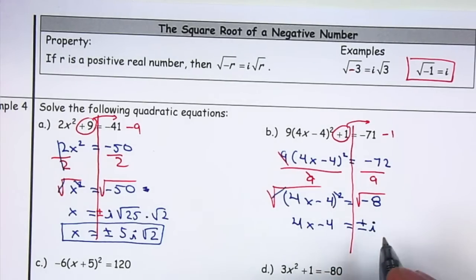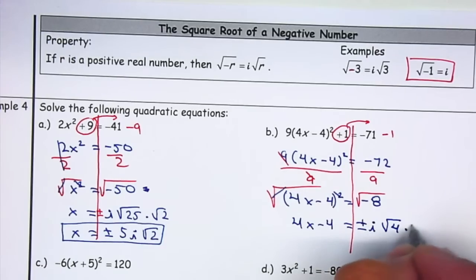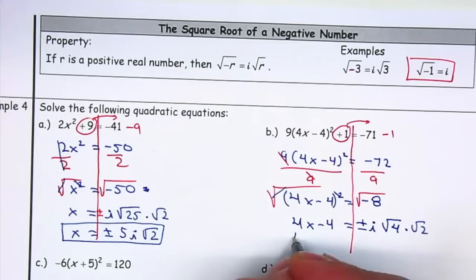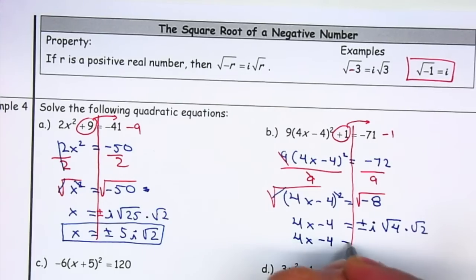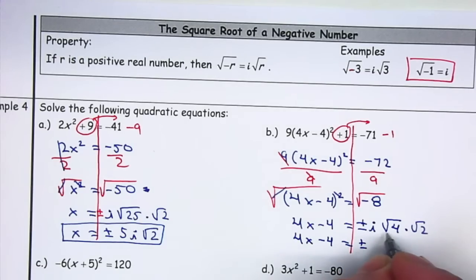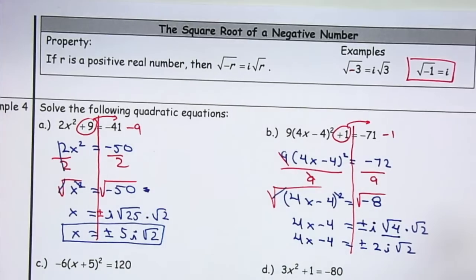You can do the factor tree if you want, or we can separate the square root of 4 times the square root of 2. The square root of 4 will be 2, so it's 4x minus 4 is equal to plus or minus, this will give me a 2, so it'll be 2i square root of 2. The square root of 2 remains the same.